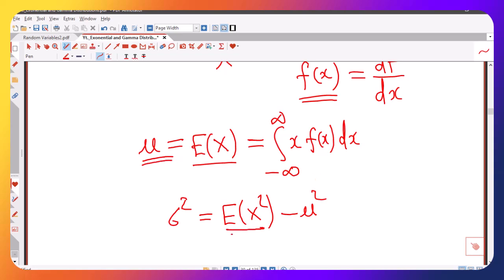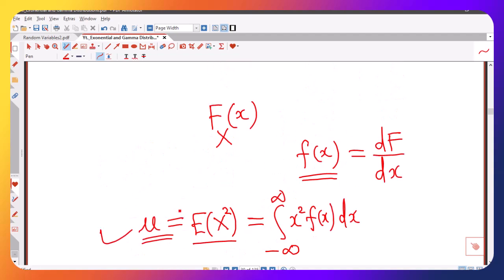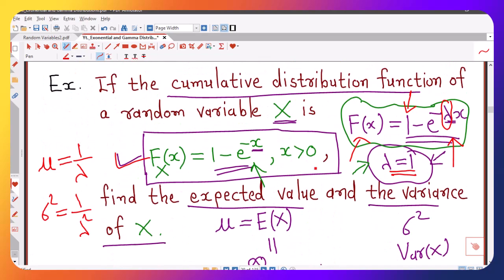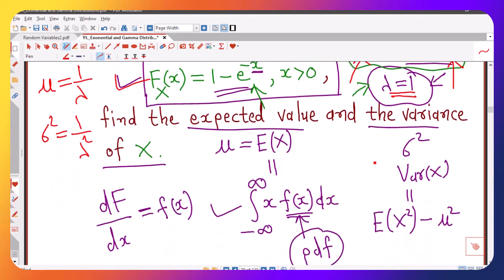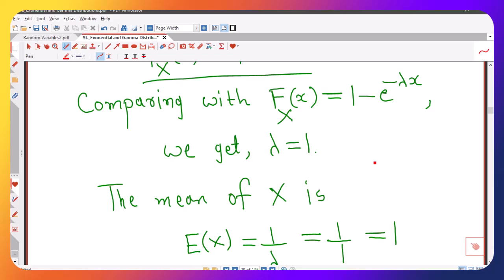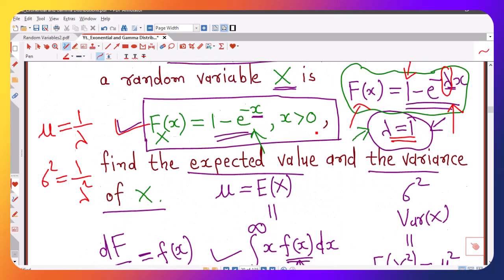And to find out expected value of X square, here we have to replace this x by x square. So we can go either in this way, or we can use the standard form of exponential distribution, and we can identify the parameter lambda, and using that parameter lambda we will be able to determine mean and variance of given exponential random variable. So this is all about this session.